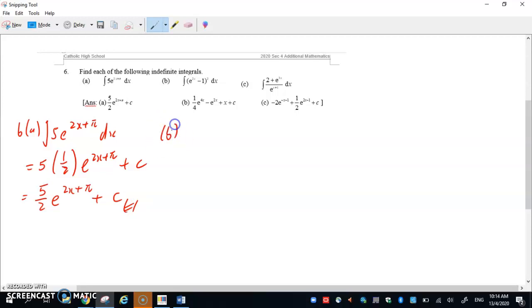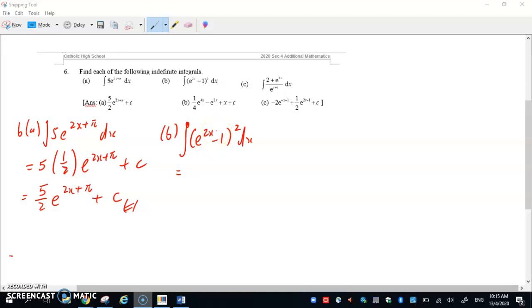Okay, for part B, you have a square of (e to the power 2x minus 1). For this case, because within the square brackets there's an exponential function, you don't see a linear function like the previous example.